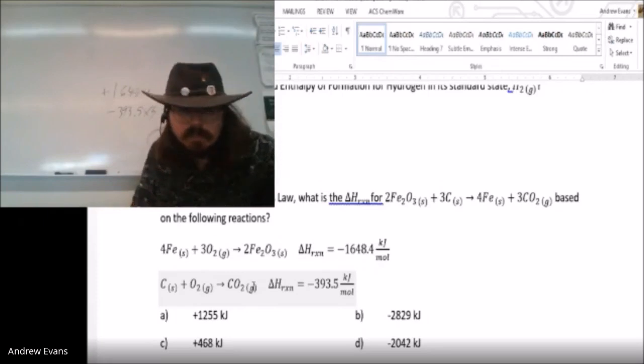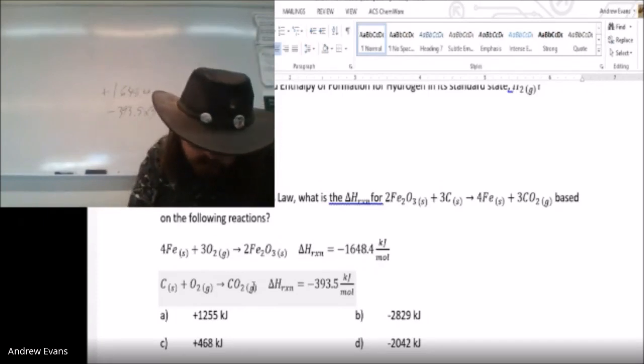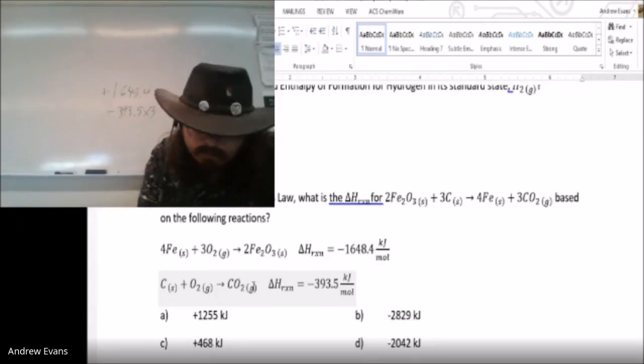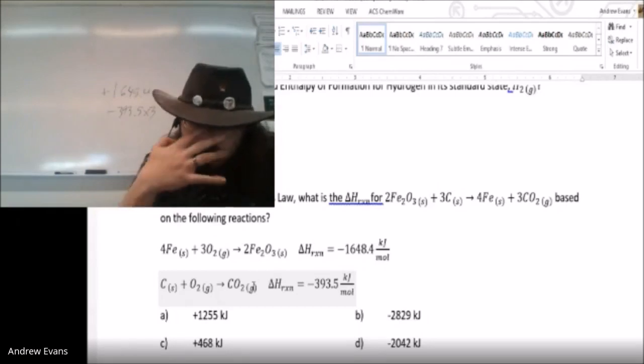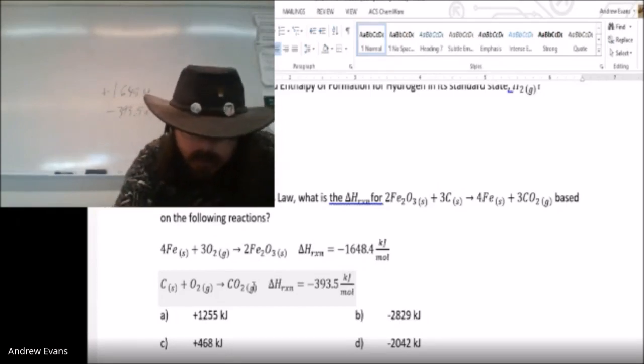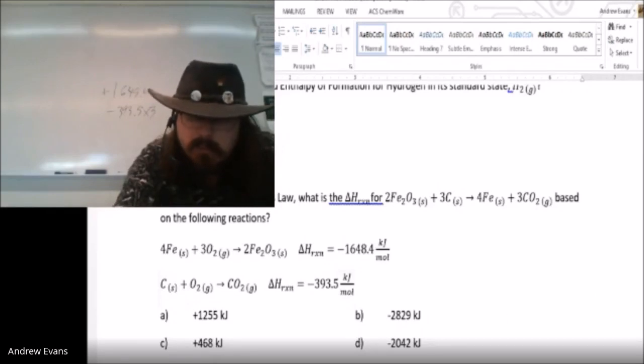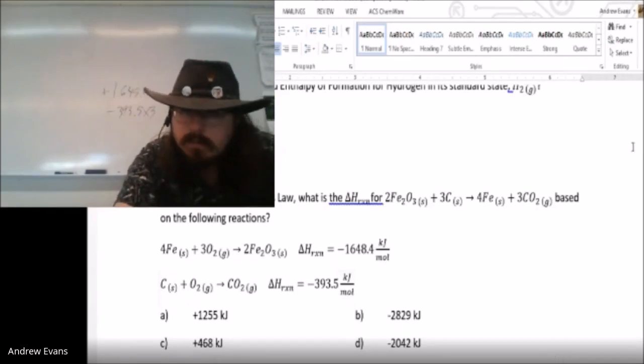We do that, you get negative 1180.5, plus 1648.4. You would get that this reaction costs 468 kilojoules. The reaction costs 468 kilojoules to do.